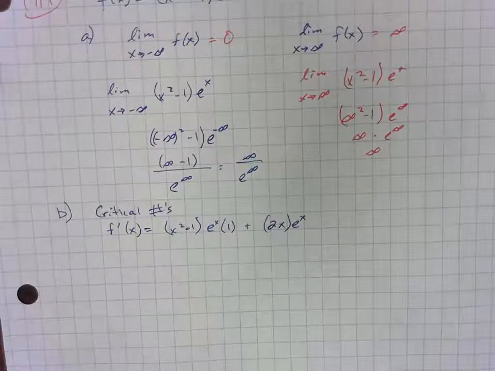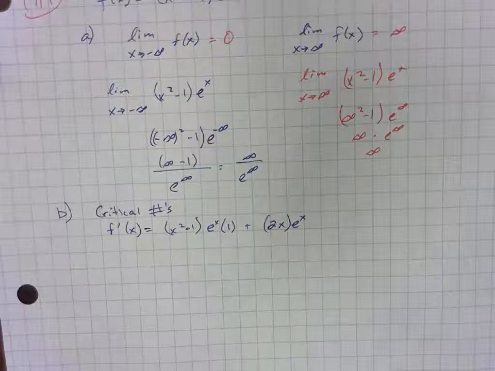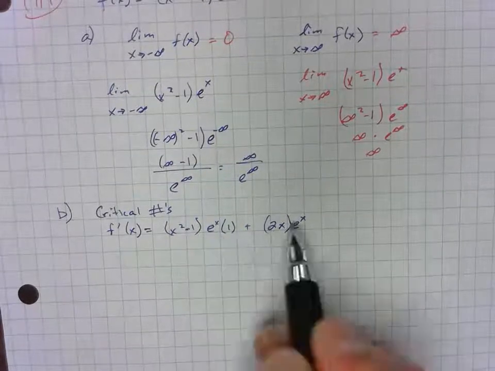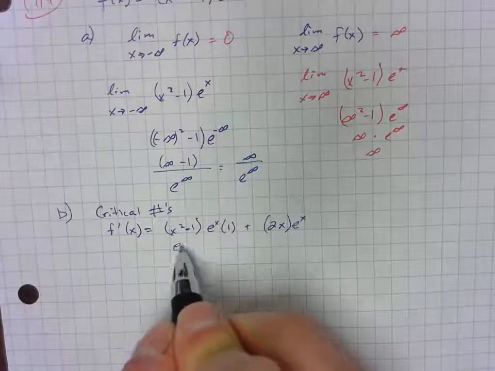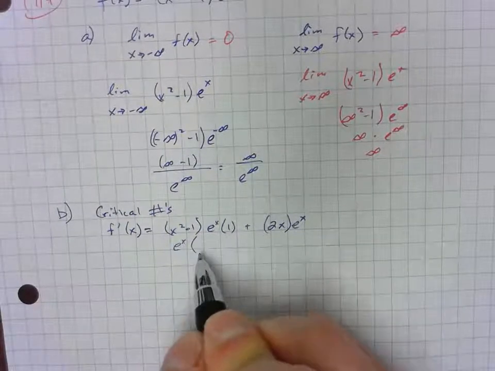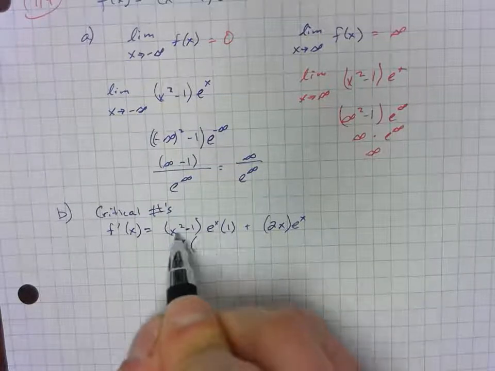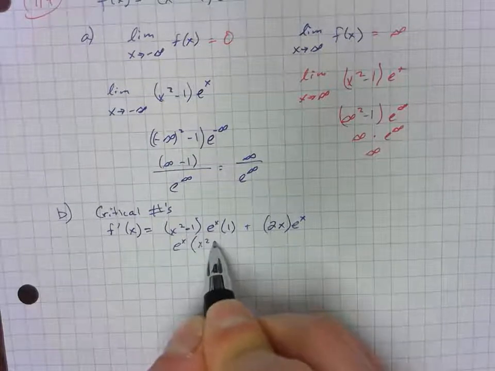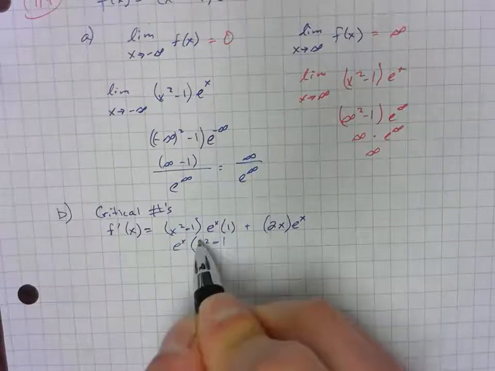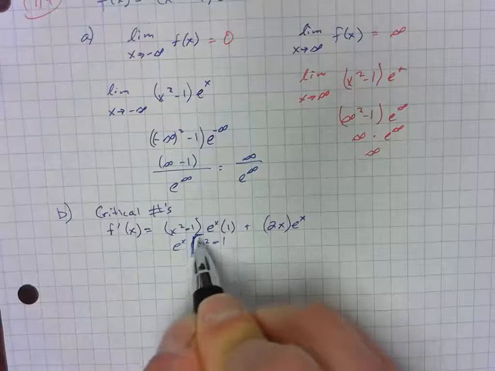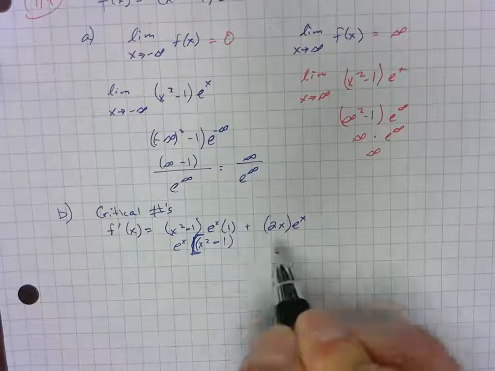And now we'll just rewrite it by factoring out an e to the x in both of them. They both have an e to the x, so we'll factor out e to the x. And if you factor e to the x out of the first term, then x squared minus 1 is left. I'm going to put brackets and then parentheses.